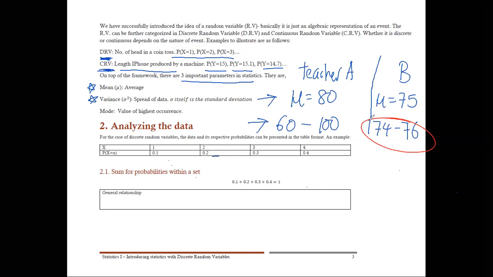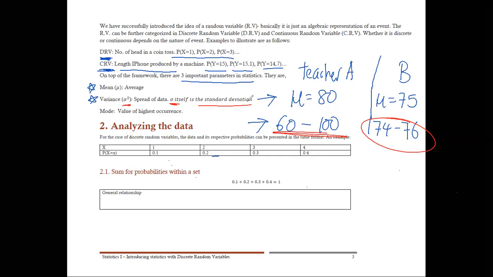That means most of the students from teacher B are performing around the average value compared to that of teacher A, which has a wider spread. So that is the significance of variance. It tells us the spread of the data. So sigma square is the variance. If you take the root of it, sigma is called the standard deviation.